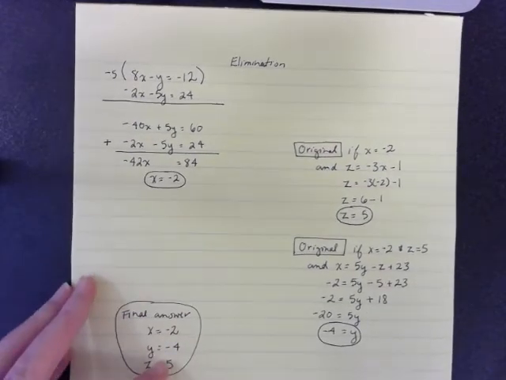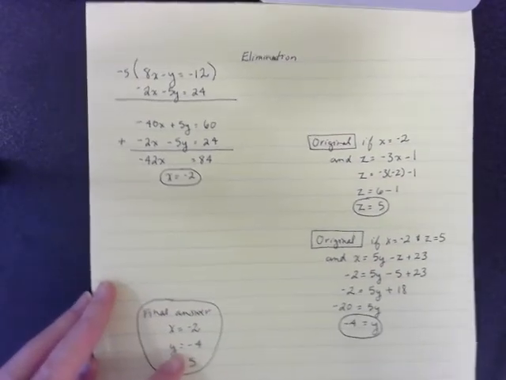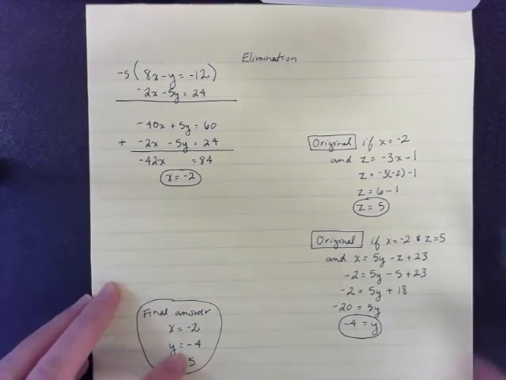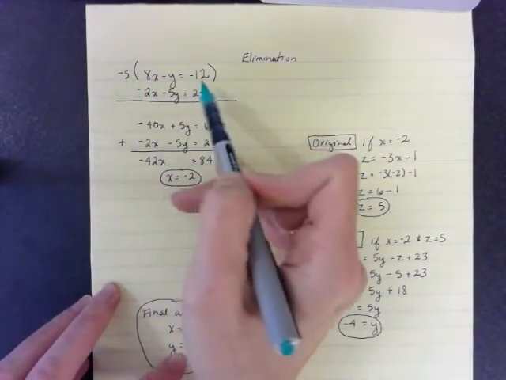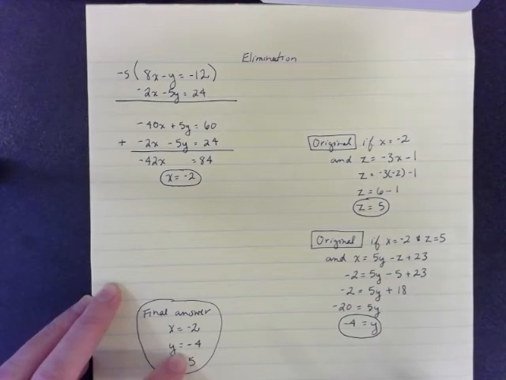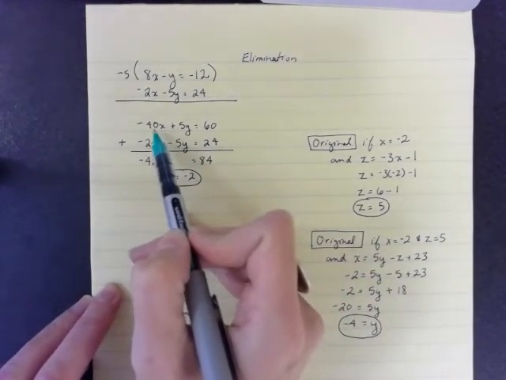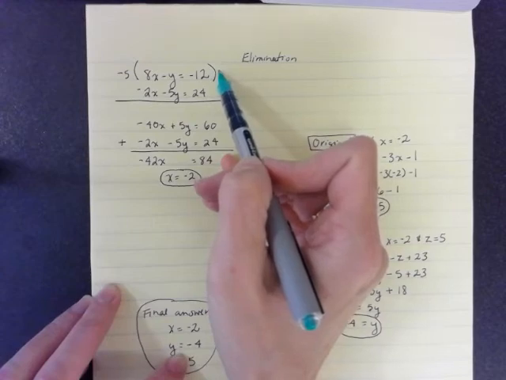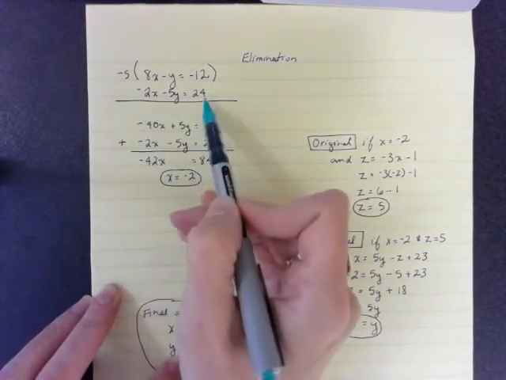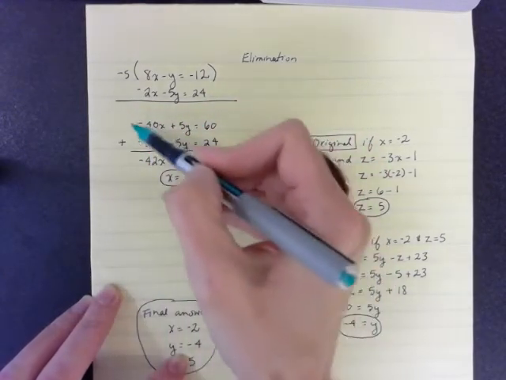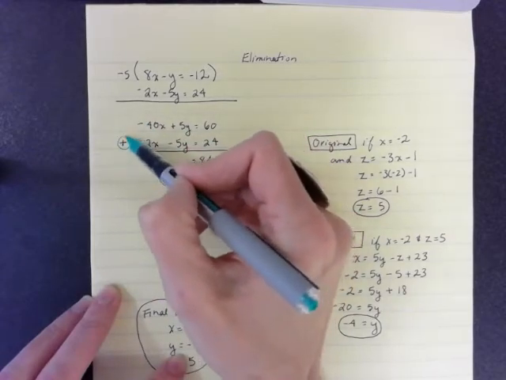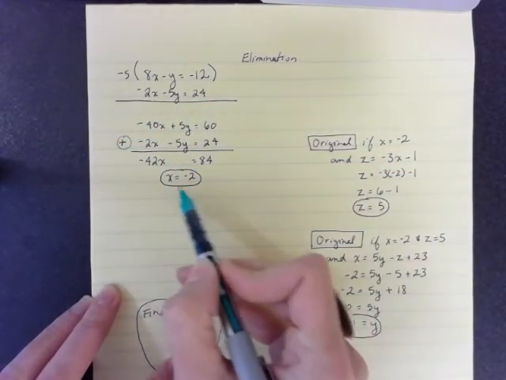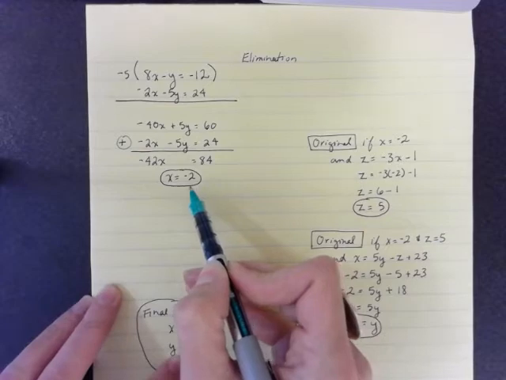So here's the process to eliminate by eliminating y. So I have negative 40x plus 5y equals 60. That's this guy. And then I simply rewrite this one, and I add, and I do the math, and I get x equals negative 2.